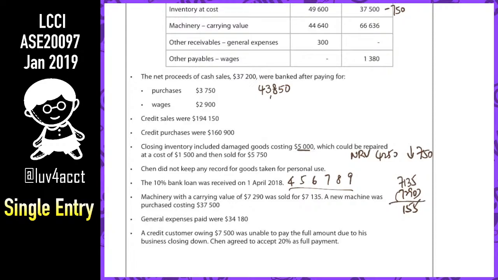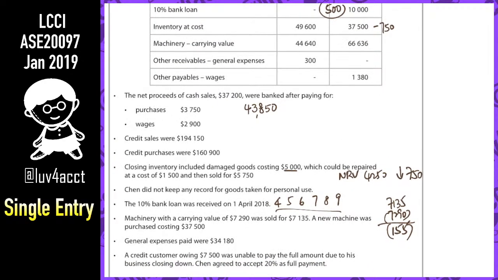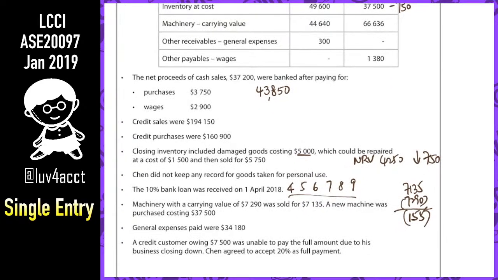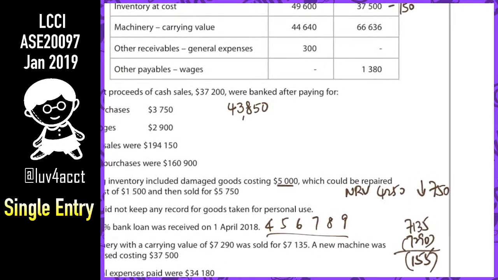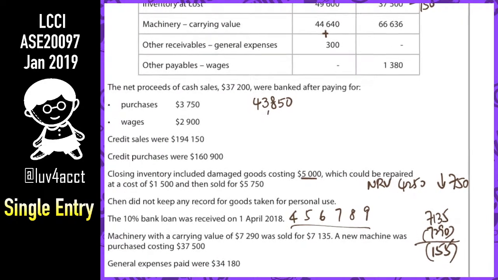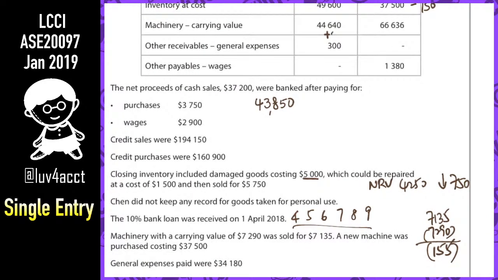Okay, let me copy here the machinery. 44640, you have purchases of new machine being 37500 and disposal being 7290.